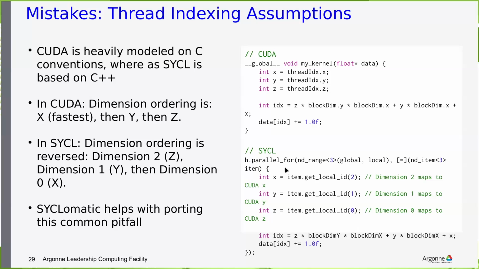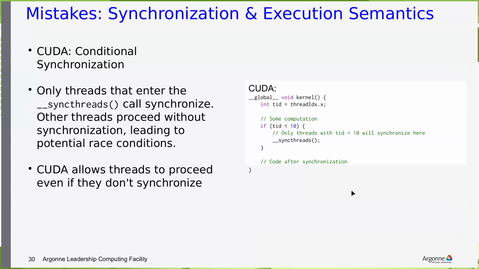It did not bite us much because the XYZ dimensions are pretty much the same, so even with 0, 1, 2 or 2, 1, 0 it didn't matter much for correctness, but the performance was really bad because you have indexing in the wrong, slowest dimension.